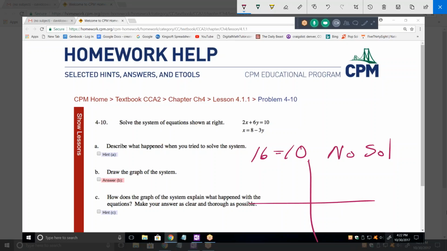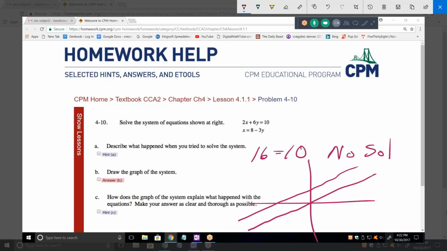If I were to put both of these into y equals mx plus b, I would find that I have two parallel lines. In other words, they both are going to have the same slope, but they're going to have different y-intercepts.